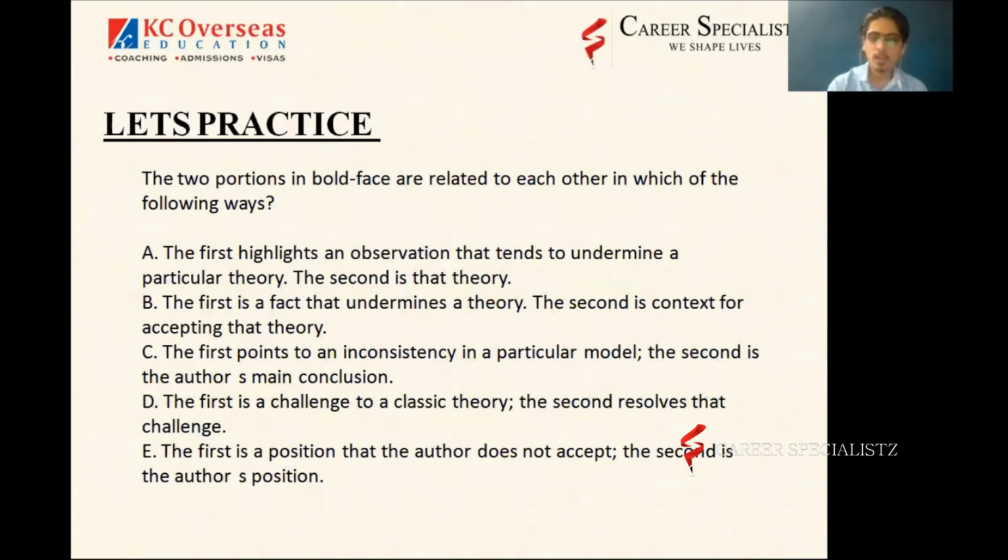The reason why we did not mark option D and E, even if we consider the situation that C was not our answer, is because the options presented to us are not completely true in context of the passage, and they are not completely true in relation to how those two bold lines are being used in the passage and how they interrelate to each other.